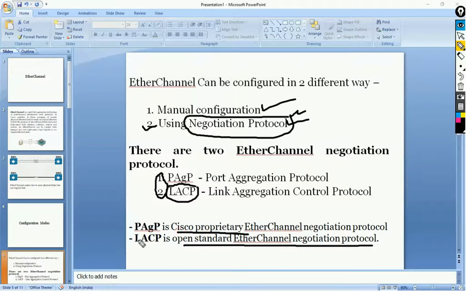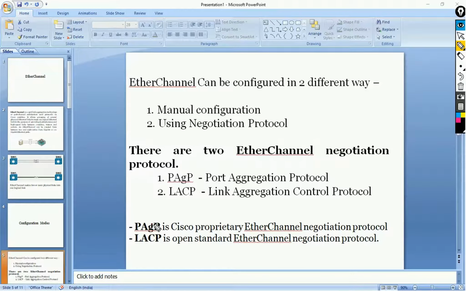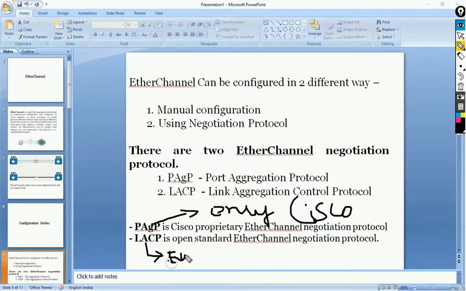What these two terms mean is that PAgP can be configured only on Cisco, while LACP works on each and every switch.